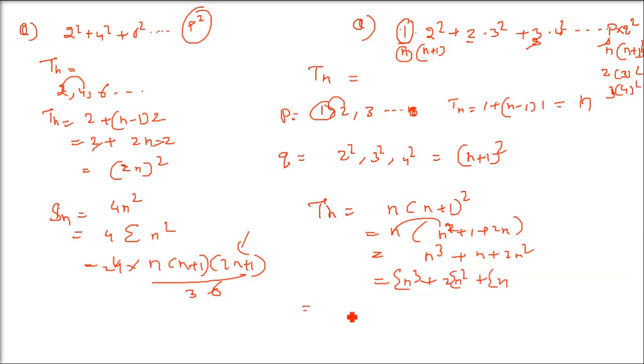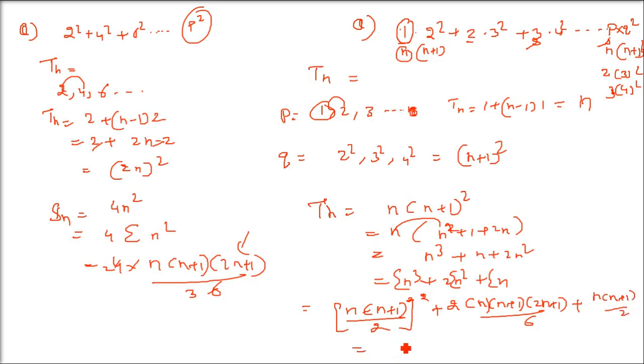Sigma n cube is n plus 1 by 2 whole square, and then you have twice sigma n square, that is n plus 1, 2n plus 1 by 6, and sigma n is of course n plus 1 by 2. When we solve this, the final will be n by 12, n plus 1, n plus 2, 3n plus 5. So this is the final one.